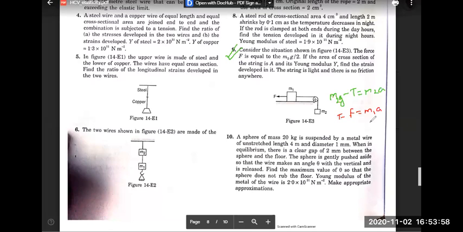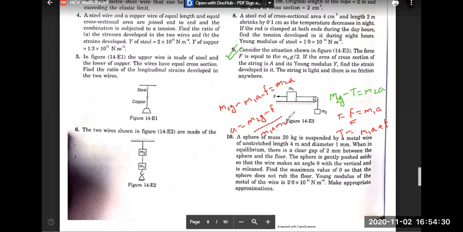Now, F is already given. Don't you think that F is already given? So can you calculate T in terms of this? It is m1a plus F. Now put T over here. So m2g minus m1a minus F is equal to m2a. So a is equal to what? This will go this side: m2g minus F by m1 plus m2.